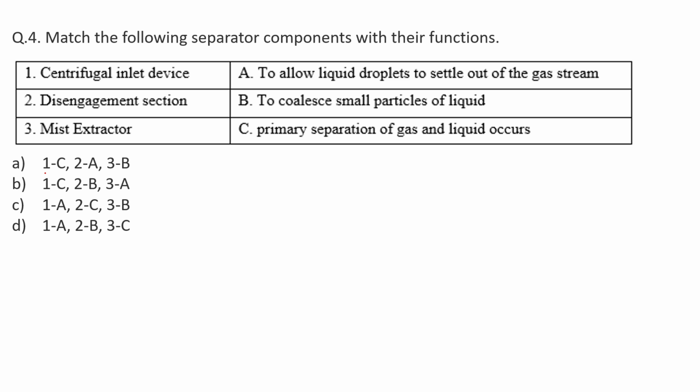So the next question is question number 4, that is match the following separator components with their functions. So the separator components are the centrifugal inlet device, disengagement section and mist extractor, and that we have to match with their functions.